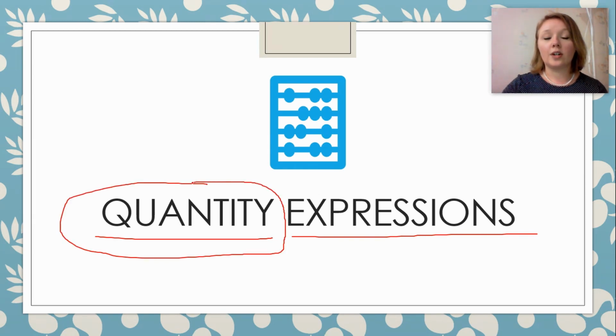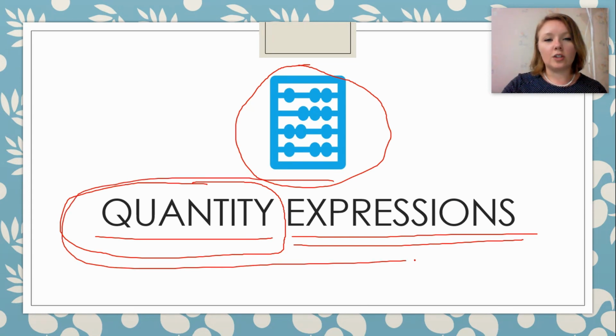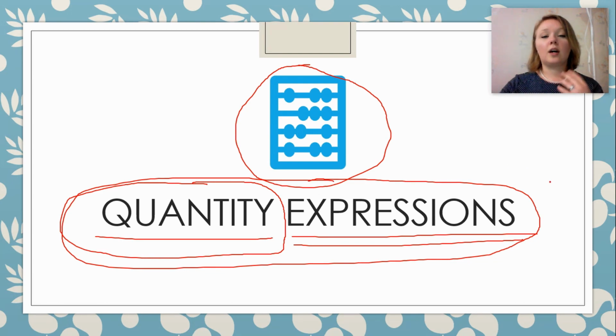Here, the key word is quantity, which is how much of something there is. So if I ask you about the quantity, you could give me a number like 5, 10, 20, or you could use an expression or a word or a phrase to tell me how much you have. And today we're going to look at expressions to talk about quantity, okay?